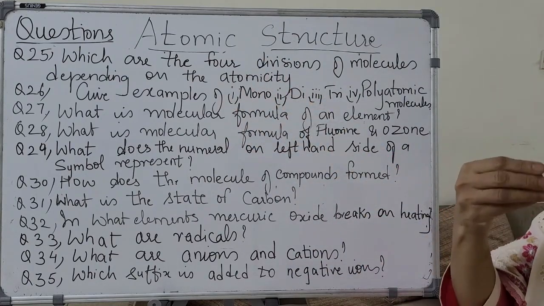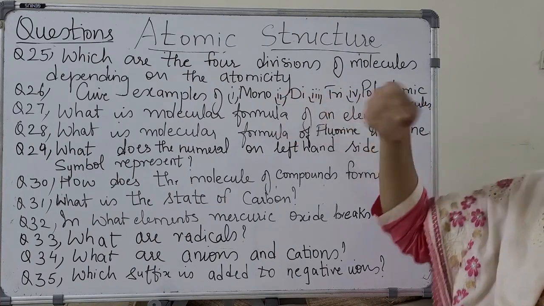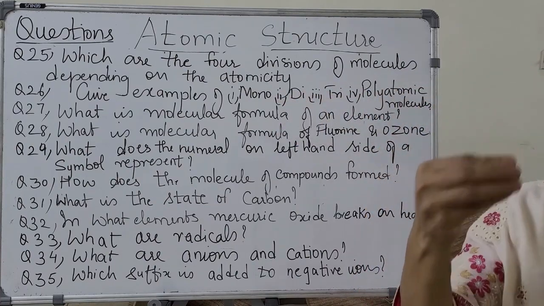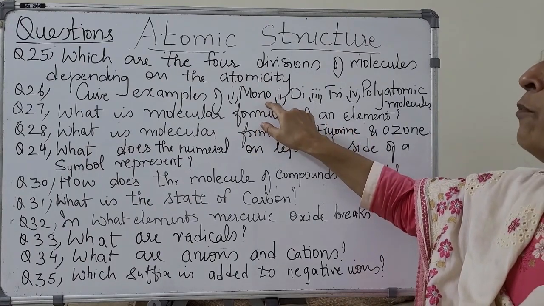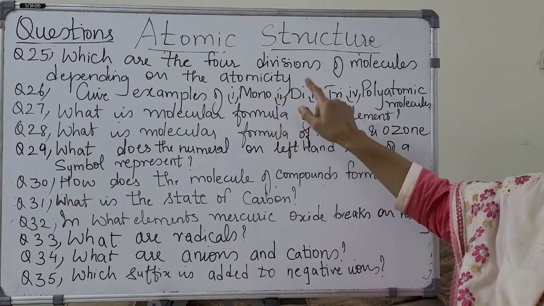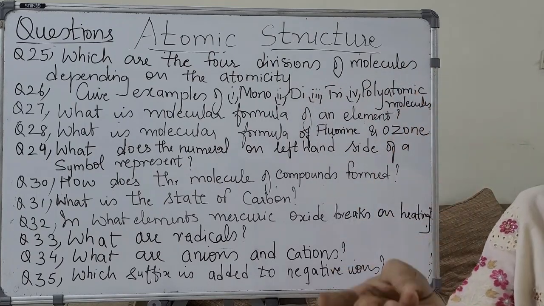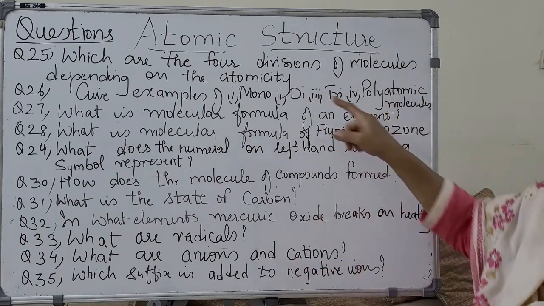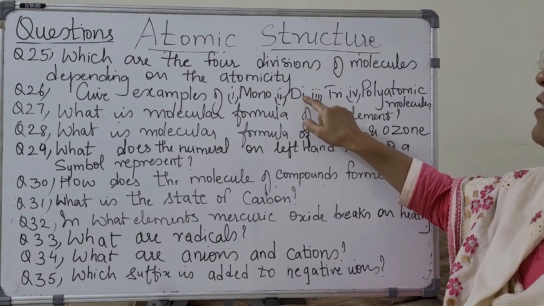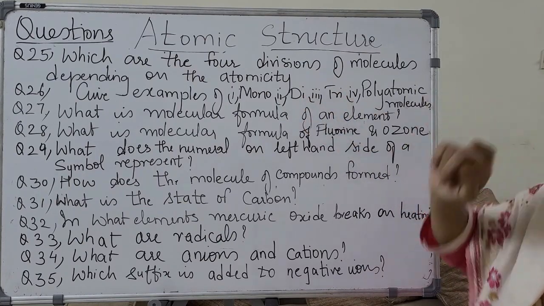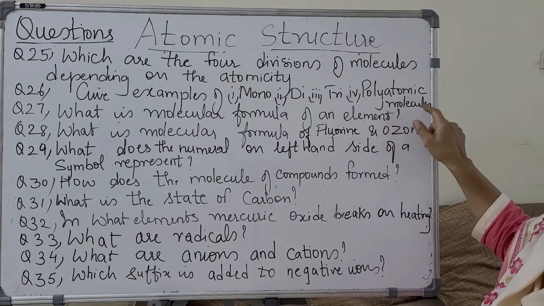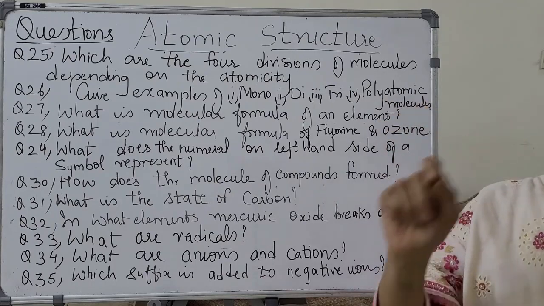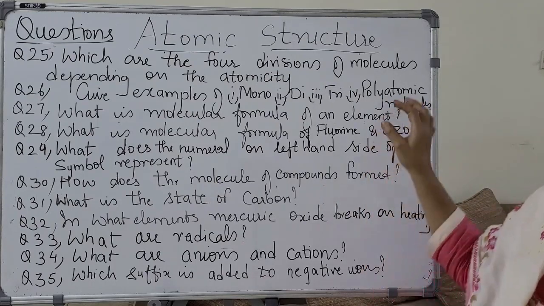It is sodium, magnesium, and the noble gases like helium, neon, xenon. These are the examples of monoatomicity. Diatomicity, that is hydrogen, oxygen, nitrogen. Triatomicity, that is ozone, O3. Polyatomic molecules are phosphorus P4 and sulfur S8.